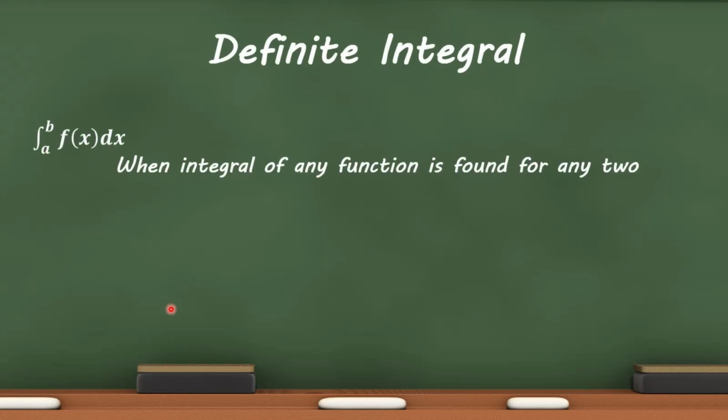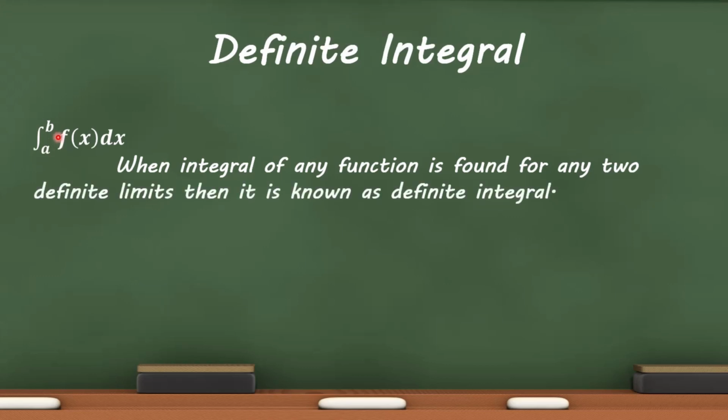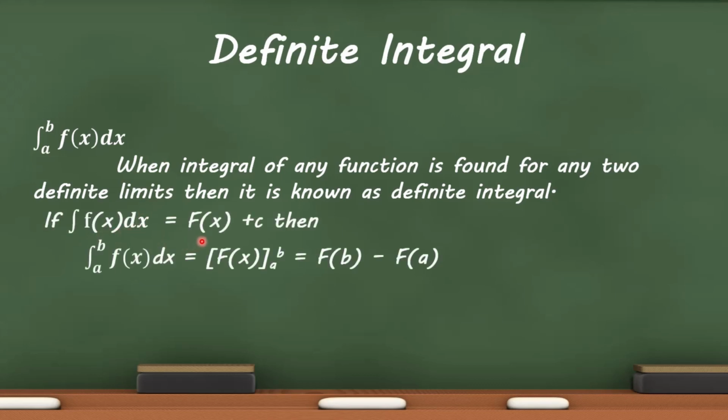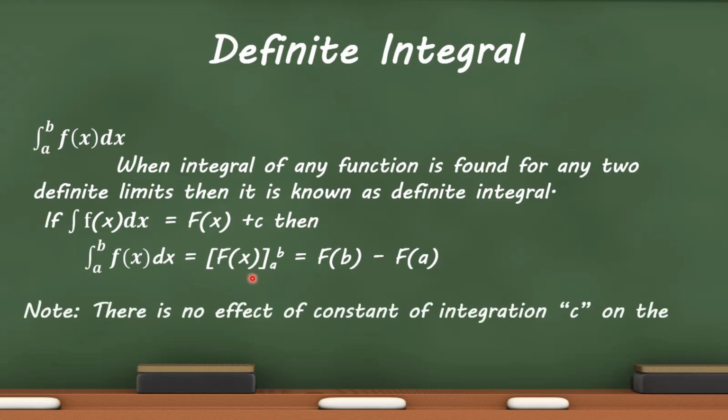Now, definite integral. In a definite integral, integration from a to b of f(x) dx is written, meaning limits are given here. There are two definite limits a and b applied here, and after that you have to integrate. That is known as definite integral. If integration of a function is F(x) plus c, then integration from a to b of f(x) dx we can write as F(x) with limits a and b.